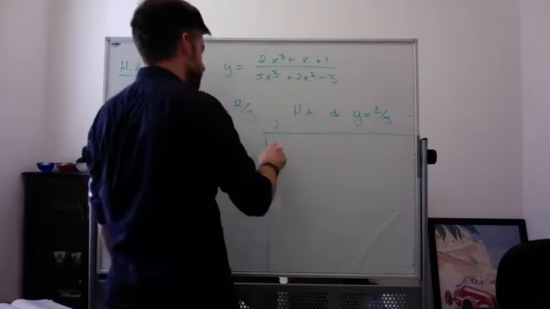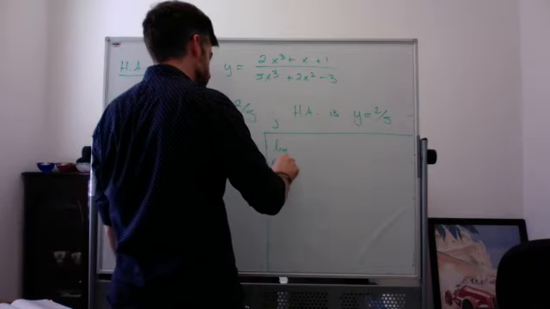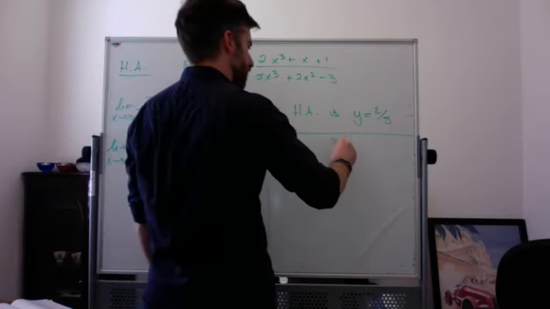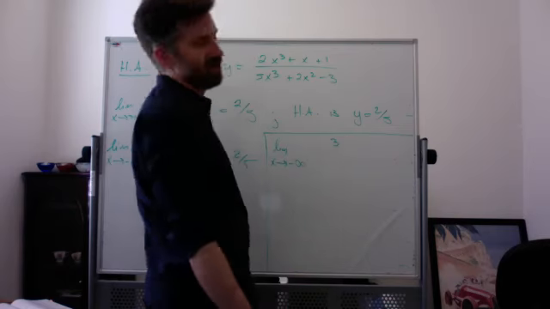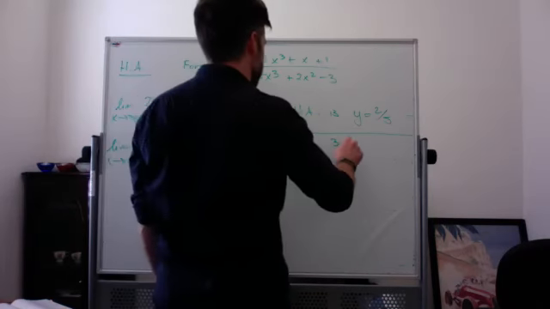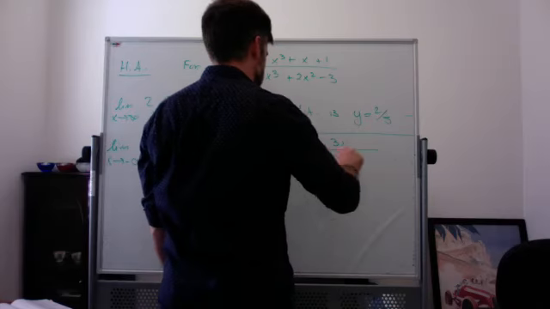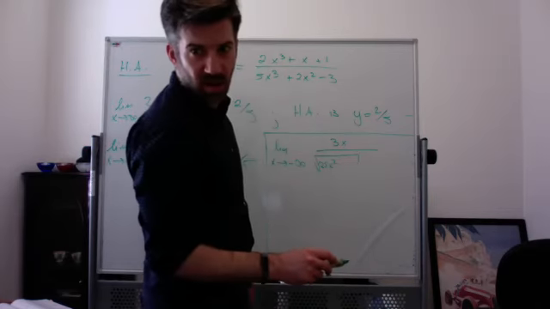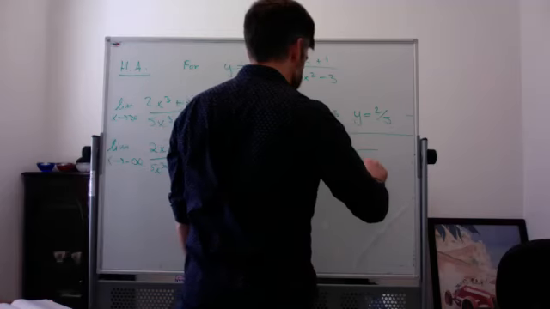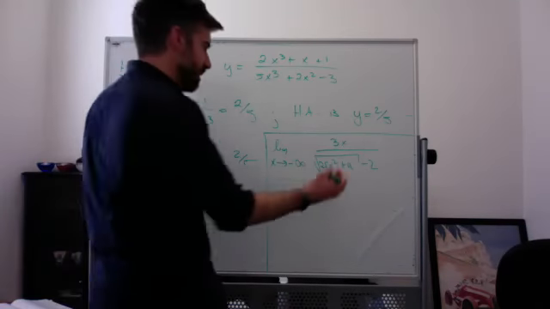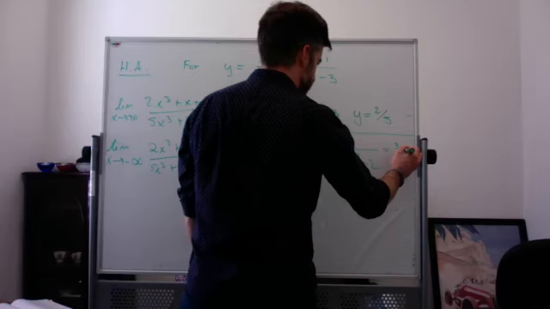I believe it was the limit as x approached negative infinity of, let me try to guess at this, I believe I made it 3x over the square root of 25x squared plus 4 minus 2. Pretty sure that's what it was, right? And we got the limit equal to 3/5.